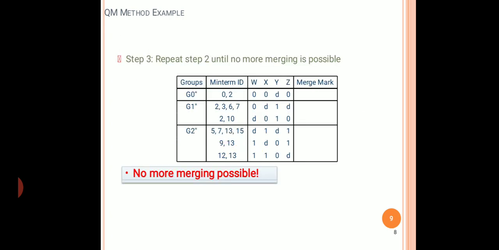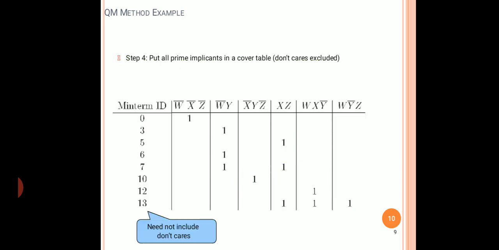Observe the slide. Here, min term ID, you will observe the first row. The min term ID is 0, 2. From this min term ID 0, 2, we have obtained the PI, that is W bar, X bar, and Z bar. So this 0, 2 can be written on the top of this W bar, X bar, Z bar.